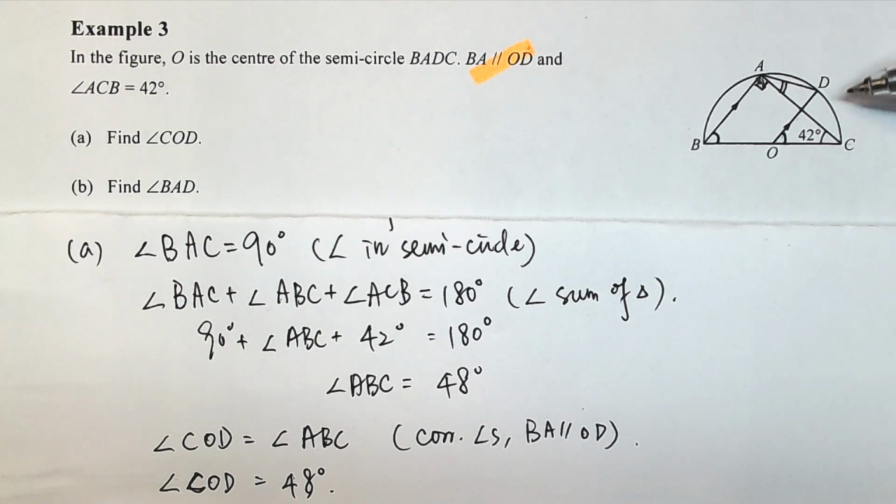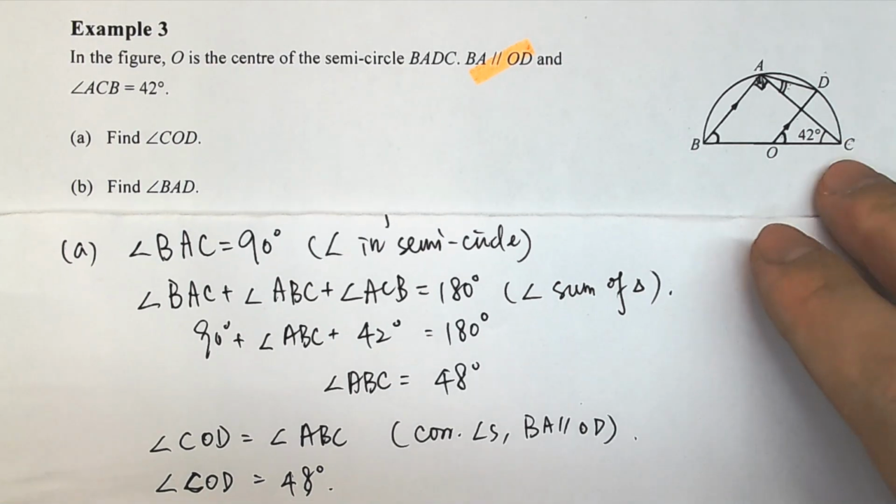And since we should observe that starting from points C and D, they have line segments joining to the center and joining to the circumference at point A, then these two angles are of particular relation. Then we can do it like this.